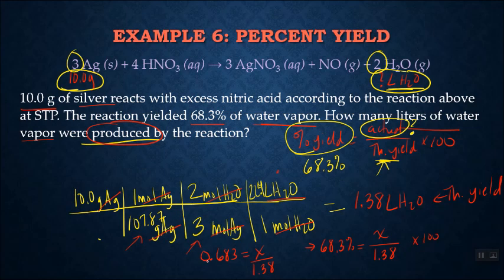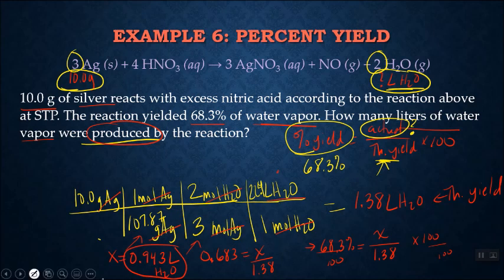All I did to change it over to the decimal is divide both sides by 100. And now it's an easy algebra problem where you multiply by the 1.38 on both sides, and that means that X ends up being 0.943 liters of water. That's what was produced. That is the actual amount.